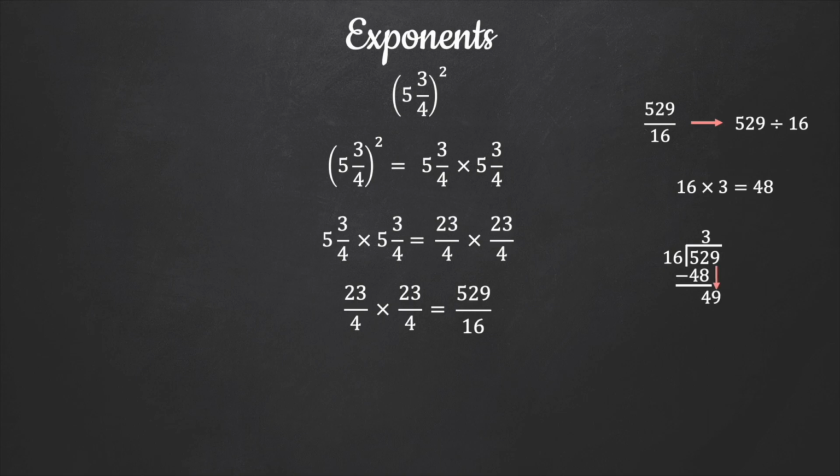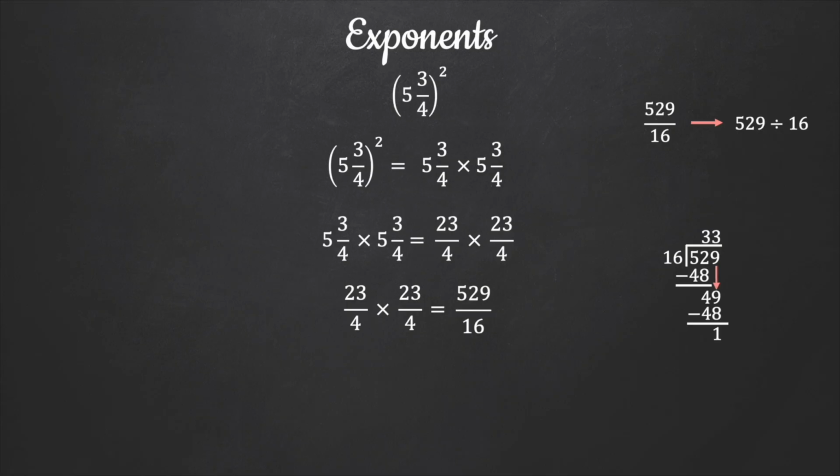And then we bring down our 9. And then we ask ourselves, how many times does 16 go into 49? 16 goes into 49 3 times, because 16 times 3 is equal to 48. So then we're going to subtract. 49 minus 48 is equal to 1.